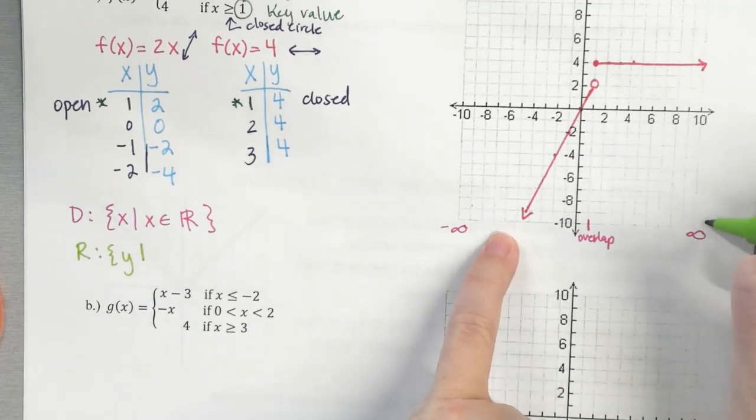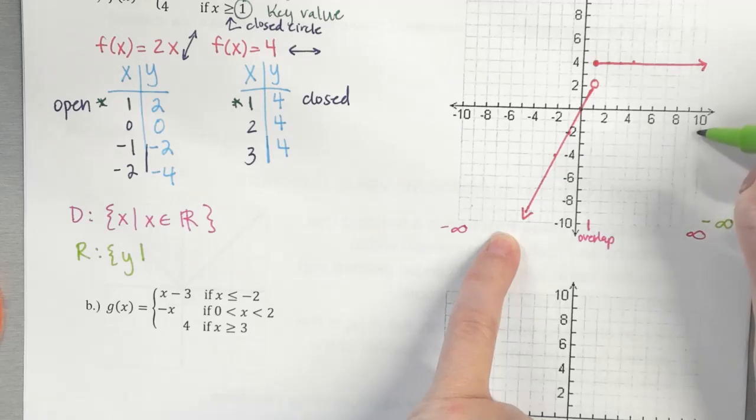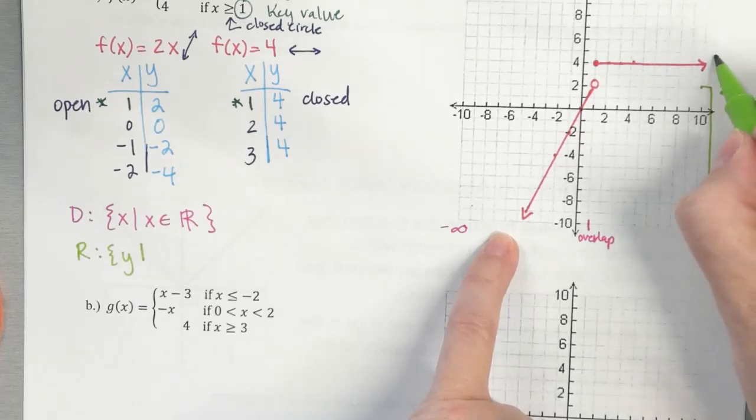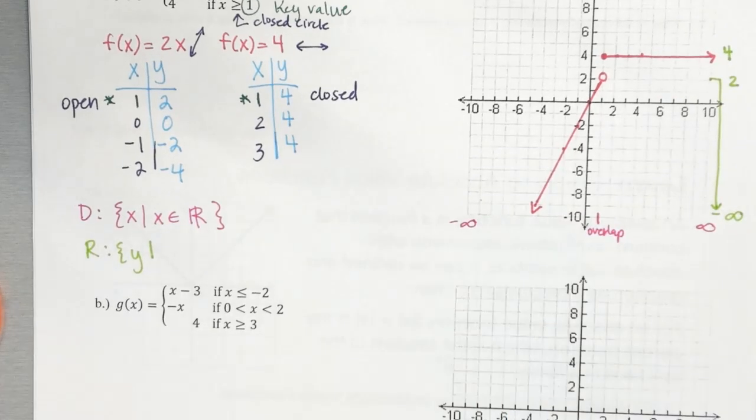So the lowest y value is negative infinity, and then we're just following this up. You do have a gap here. So this is going down to negative infinity. So you have this section where all the points are at 2 or below. And then you have this section where all the values are at 4.